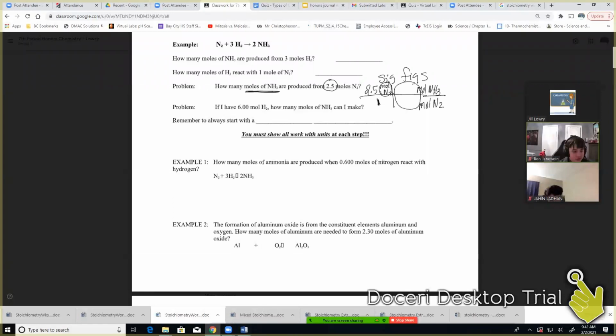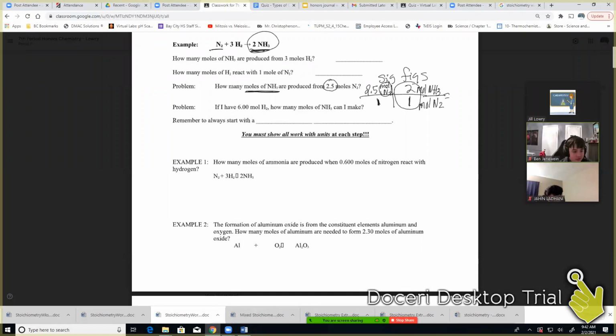How many moles of nitrogen do I have? 1. And how many moles of ammonia do I have? Ammonia is my NH3. 2. So that's the mole to mole ratio of ammonia to nitrogen.